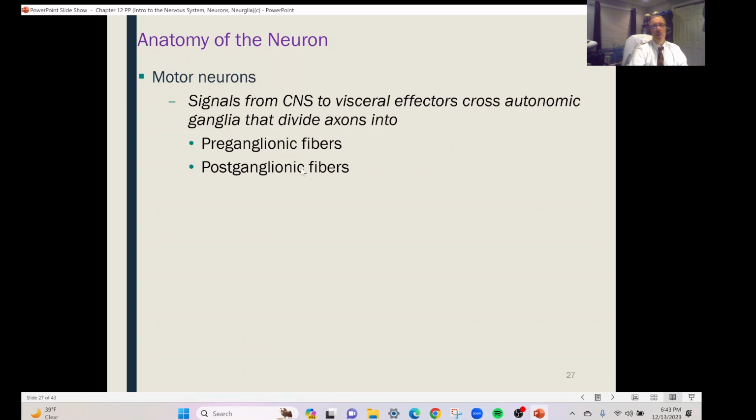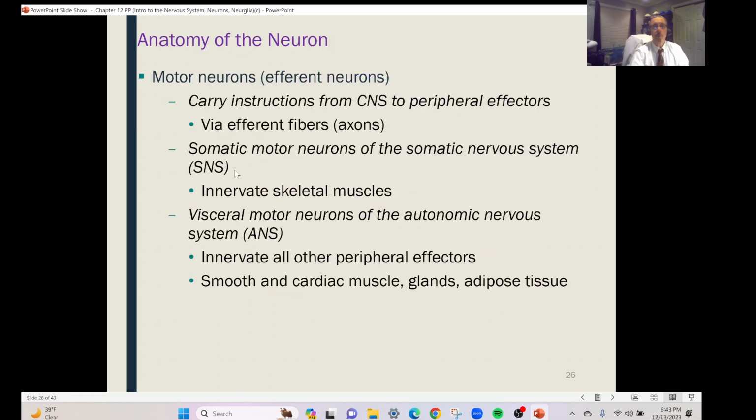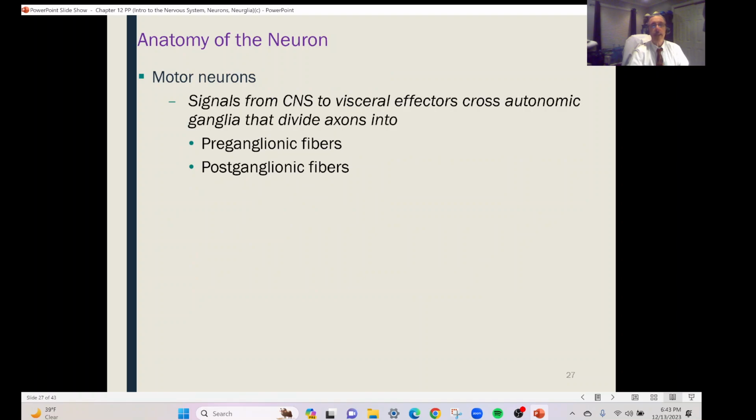Like I said, this is a little bit advanced. With the somatic motor neuron, it's just one motor neuron going from the spinal cord, let's say, out to a muscle. Here, it's going to be two neurons and they synapse in a ganglia. Right? A little bit advanced, but we'll throw it out there for now.